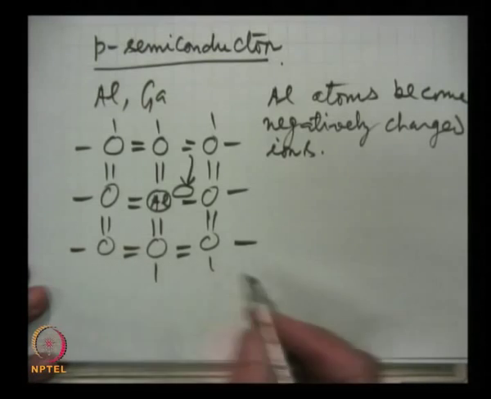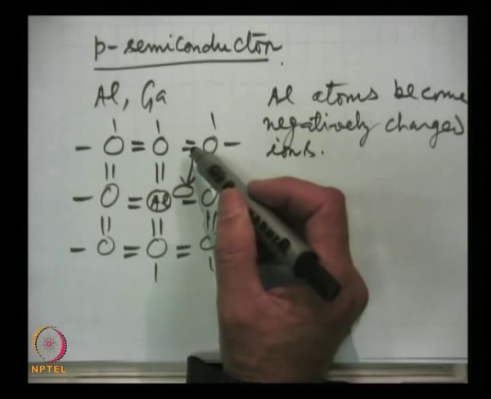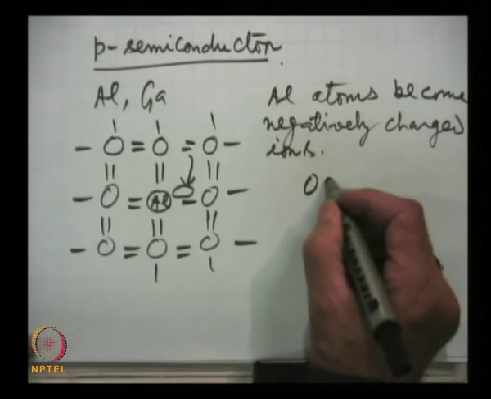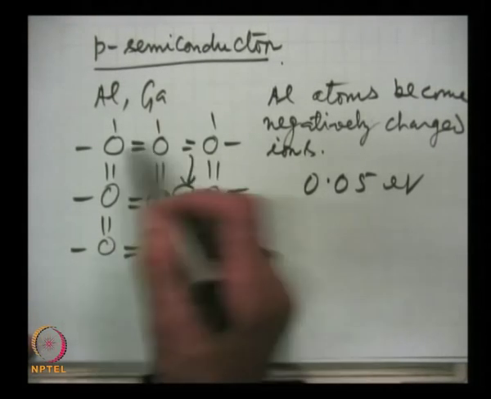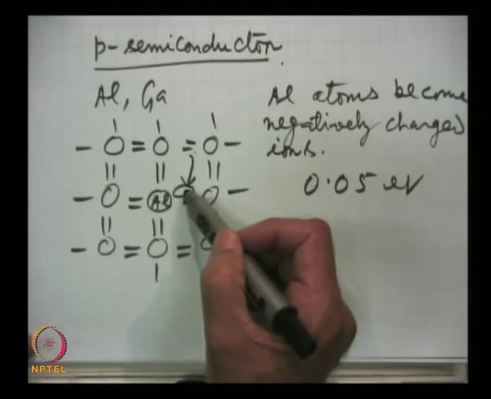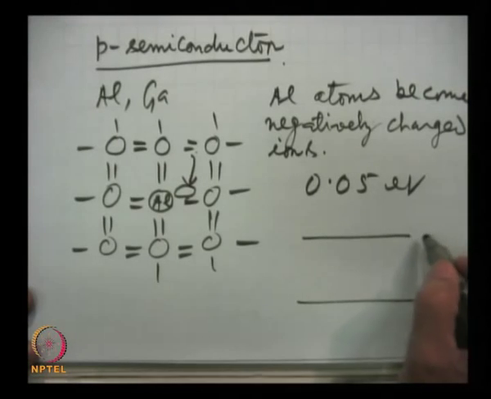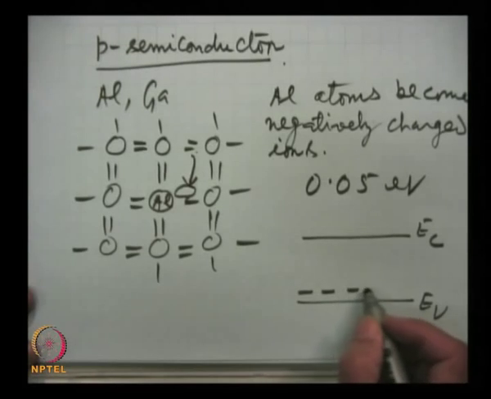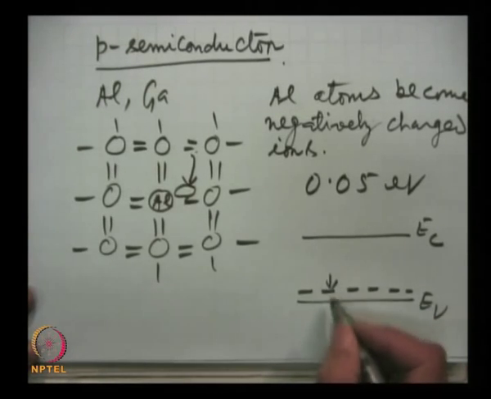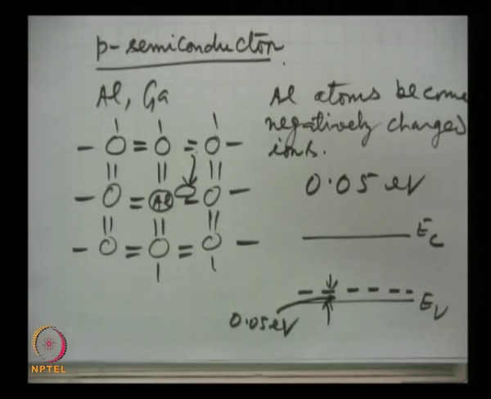and again it will take very small energy, of the order of 0.05 electron volt, for these nearby bound electrons to come to this energy state. And so, these energy states are conduction band edge, valence band edge, and this energy difference is, as I said, to the tune of 0.05 electron volt or still smaller.